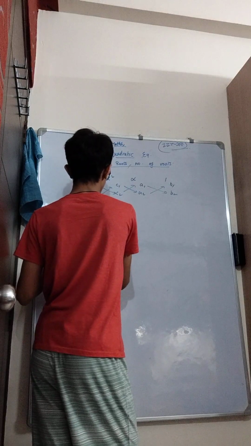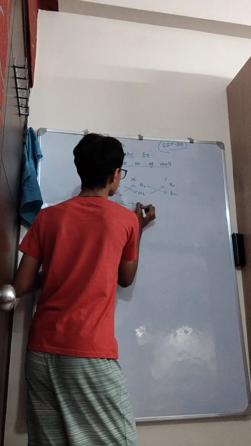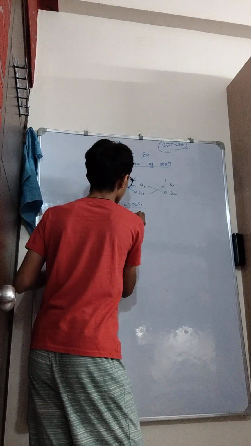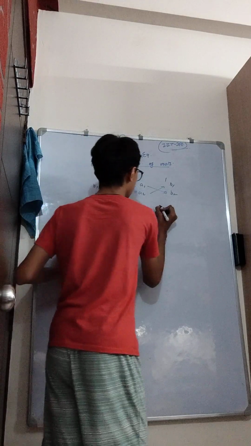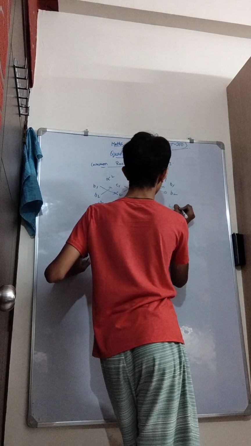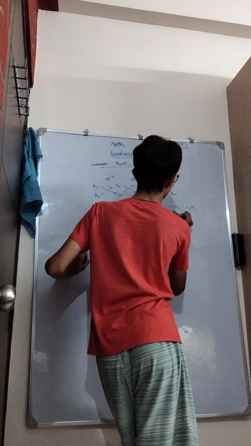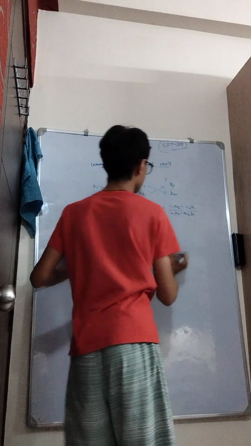So alpha square is equal to b1 c2 minus b2 c1 divided by a1 b2 minus a2 b1. And alpha is equal to c1 a2 minus c2 a1 by a1 b2 minus a2 b1. Okay, so this one is the two roots.